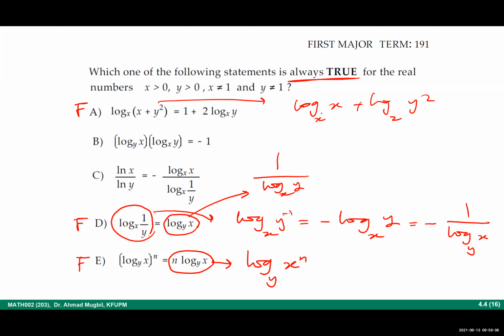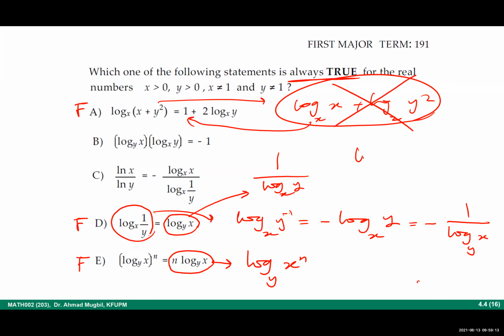Log x of x is 1, and this 2 will go out. This is not true. This step is wrong. We don't have a law that says that log of a plus b equals log a plus log b. This is wrong. I mentioned this several times. Log of a plus b is just log of a plus b. So this is false.